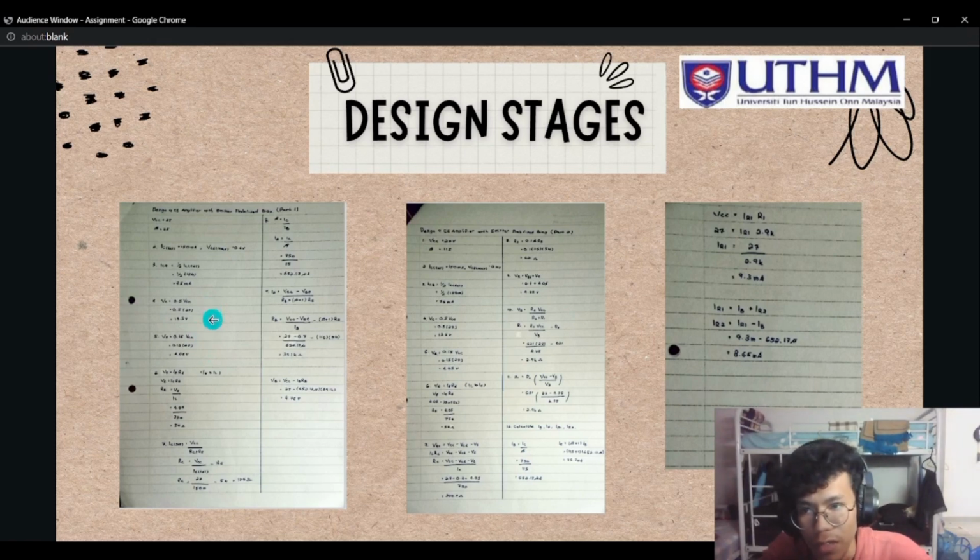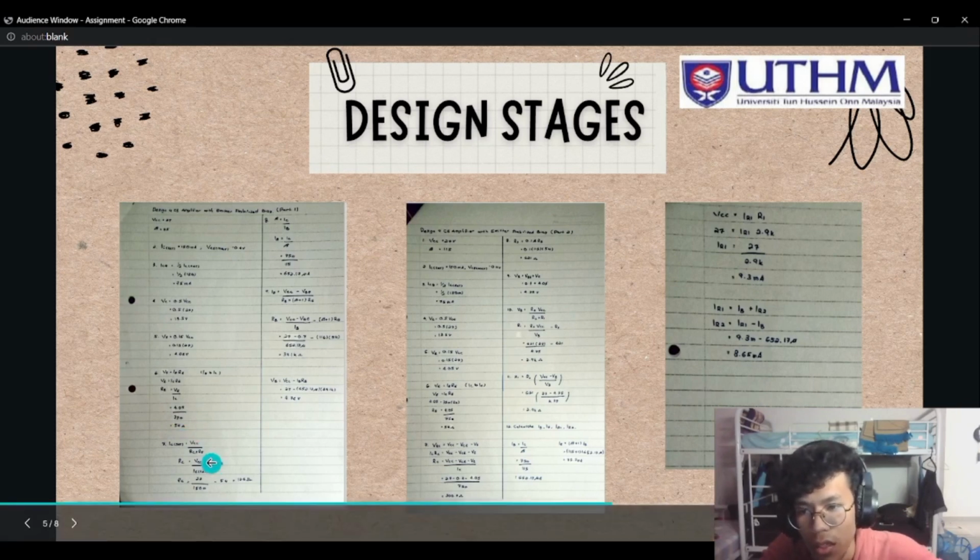From both of these voltages, we can search for RE for question 6, and RE is 54 ohm.